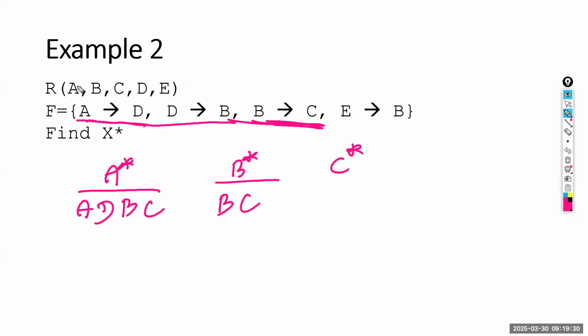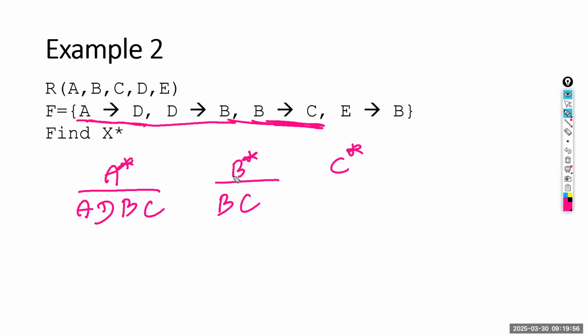So which functional dependencies A has, what functional dependencies B has, C, D, E. So you write dependencies for individual elements, not all possible dependencies. That is F closure. X closure means for each and every attribute, you need to write the functional dependencies separately.